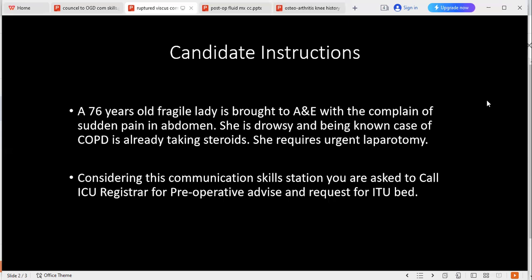I will use 4 liters, but cautiously, as I told you, because we need to keep the oxygen saturation between 88 and 92, as she's COPD, in order to prevent respiratory depression.